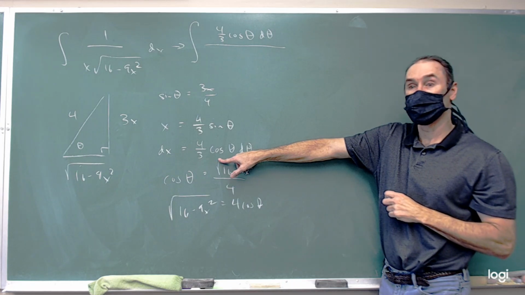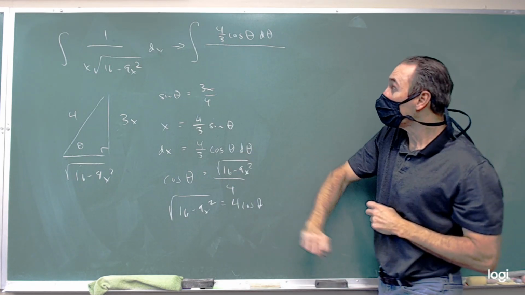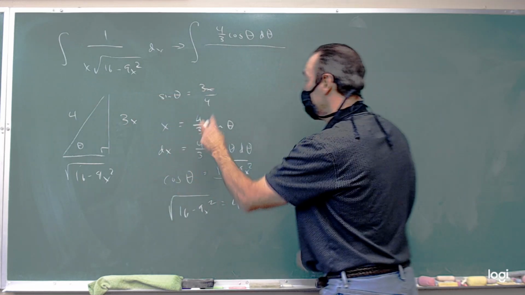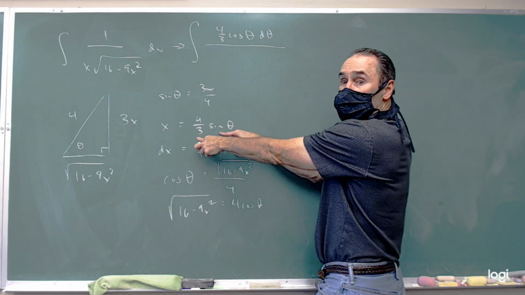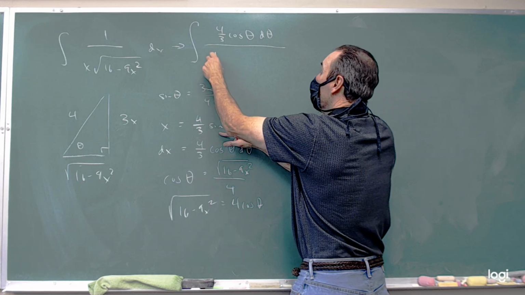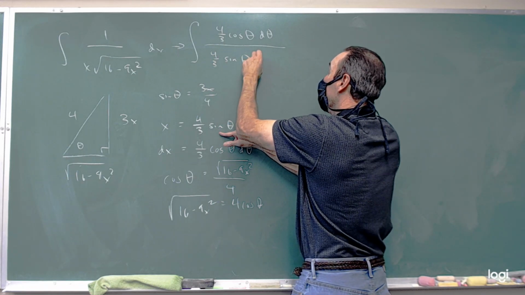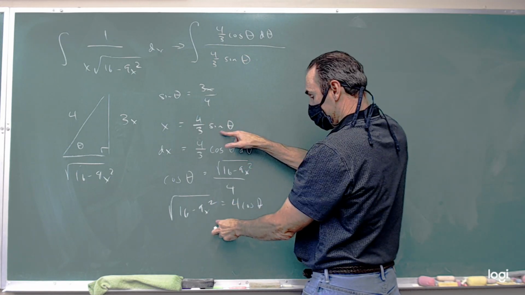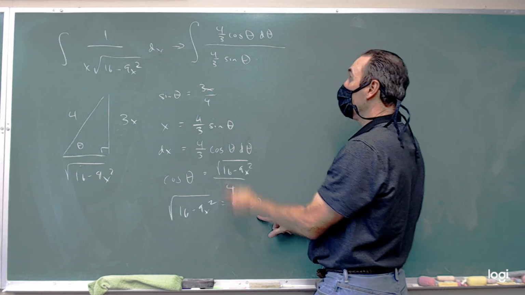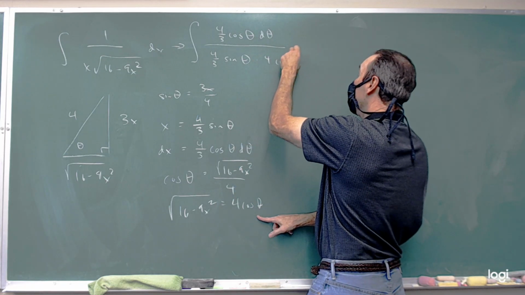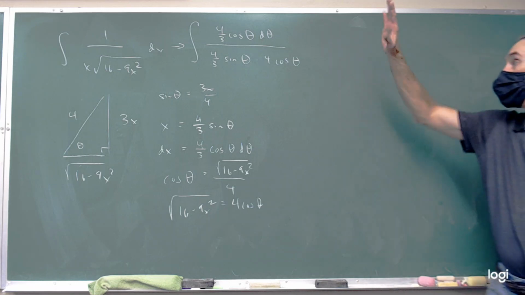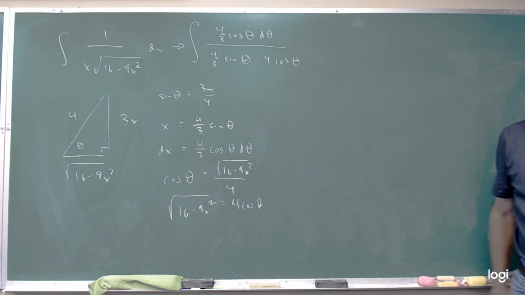Any nods of heads? Okay, now I got to replace the x. The x is, here it is, 4/3 sine theta. 4/3 sine theta. And the radical, there it is, it's a 4 cosine theta. Okay, all of the x and dx stuff was replaced by thetas and d thetas.